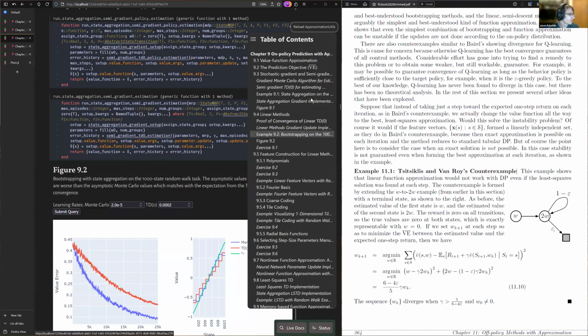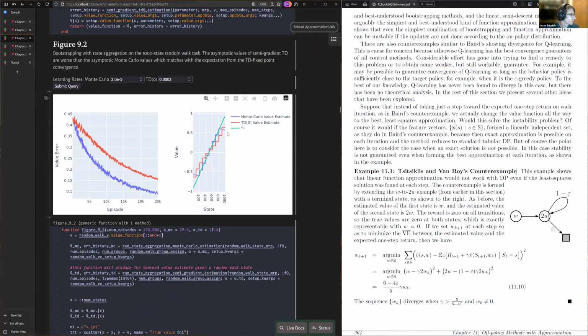But in this example, this is kind of squashed, but we had shown that the true Monte Carlo solution doesn't actually match the TD zero solution. And that's because the TD fixed point for this is not the same as the true value. So that's another thing that can happen.